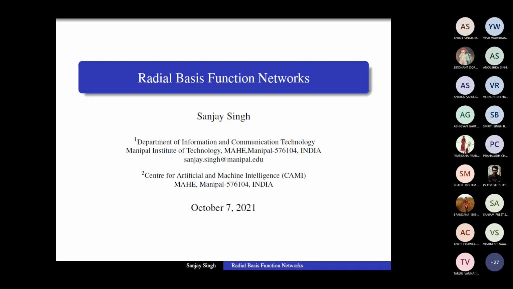So far in MLP, we have seen that there is a multi-layer perceptron, which is also a supervised learning process. Supervised training of a neural network can be done in more than one way. Backpropagation was one of the techniques using which you can train a network in a supervised fashion.